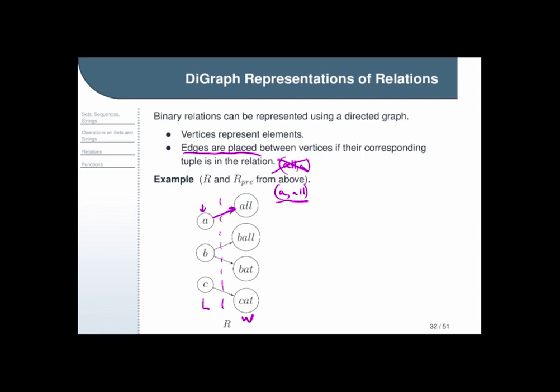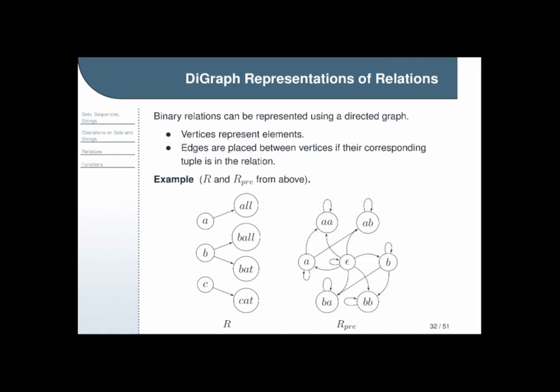Now, when we get to R pre, you'll see things look a little bit different, and that is because we have a homogeneous relation. So we no longer have this separation between our 2 sets that keeps everything very orderly. We are just moving from the set to itself. So you see things like self loops, and we have to get a little more creative in how we represent it.